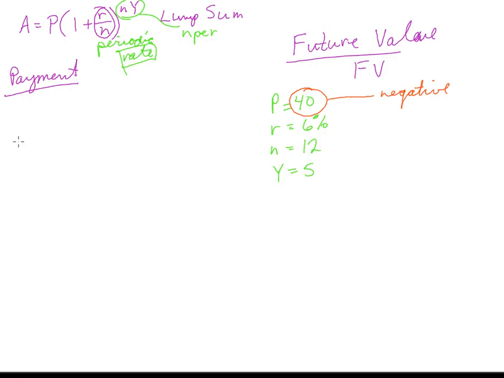If you have a savings account where you do have a payment, so let's come down here and see what the savings account is. I don't expect you guys to memorize this or even to use this one in your calculator. It looks pretty big. It looks like this. There's the payment amount.